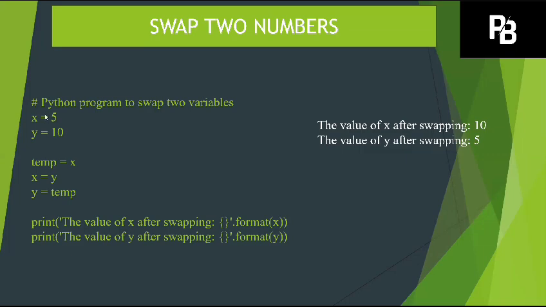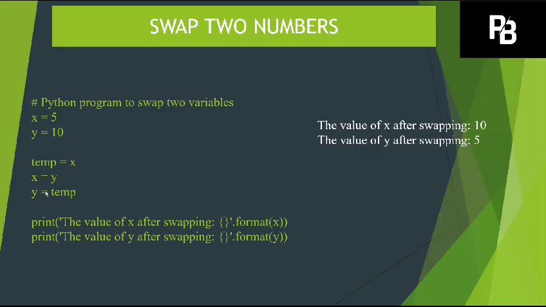Now I have two numbers, x is equal to 5 and y is equal to 10. What I want is that y is equal to 5 and x is equal to 10. So I'll take one variable temp and shift the x value to temp. Now x is blank. Now y value to x. Now y is blank.